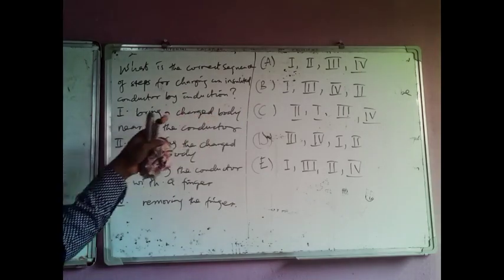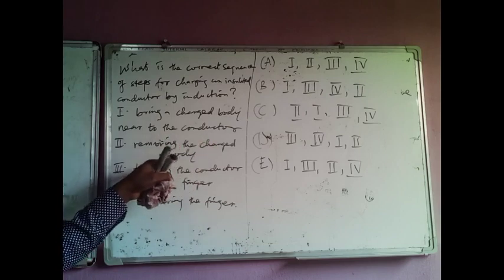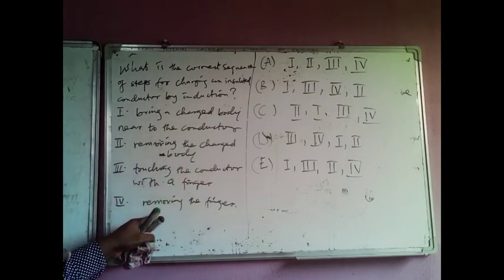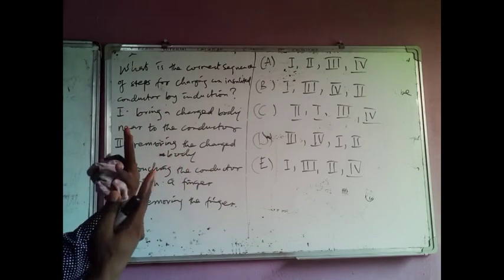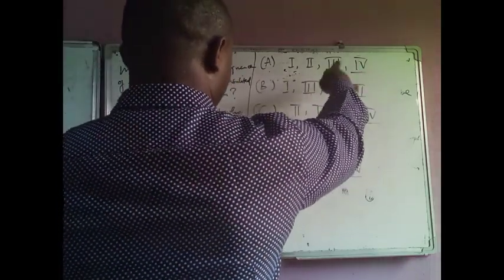I, bringing a charged body near to the conductor; II, removing the charged body; III, touching the conductor with a finger; and IV, removing the finger. So these are the various steps listed. Then we have to arrange them according to which one comes first, till the last step. Now you see the various options.